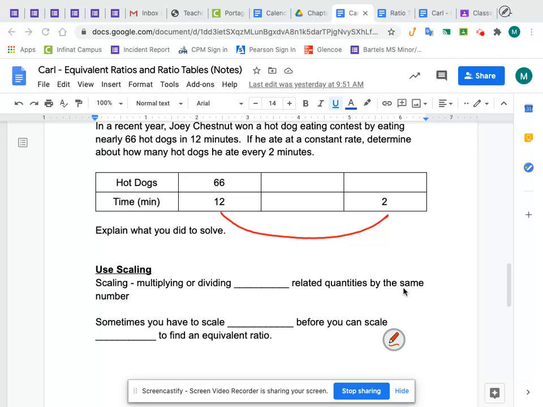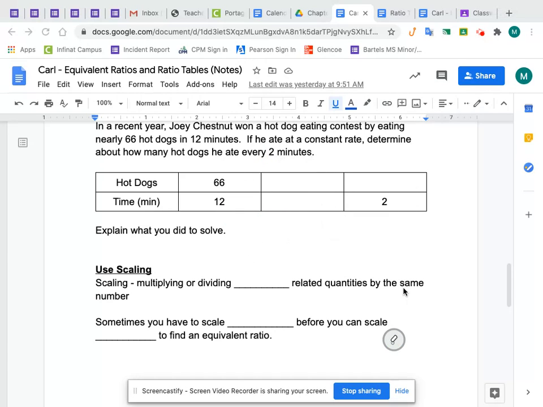Or I could be like, you know what? I know that I can also go from 12 down to 6 and 6 down to 2. So I'm going to divide by 6. Okay, I'm going to actually make it smaller first. So 12 divided by 6 is 2.